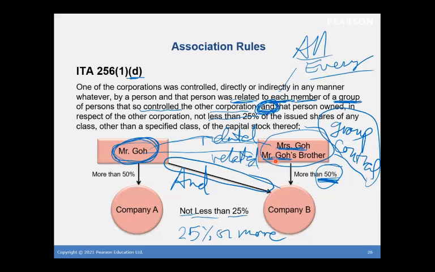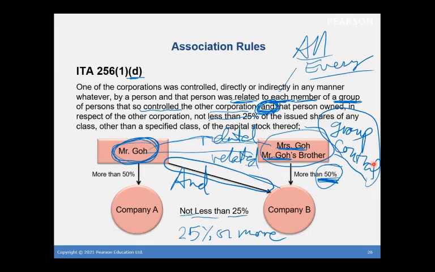Because Mr. Go had to be related to each member, meaning every member of the control group. If it's Mrs. Go and a family friend who make up that more than 50%, they would be a group that controls the company, because if they combine their votes, they can control it.